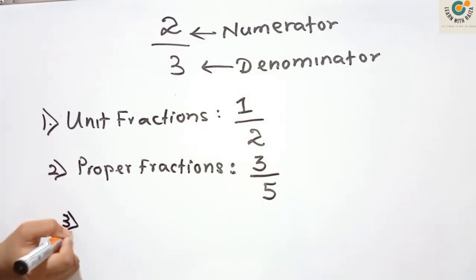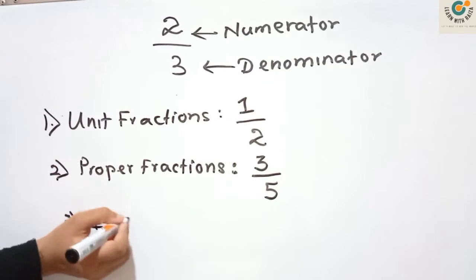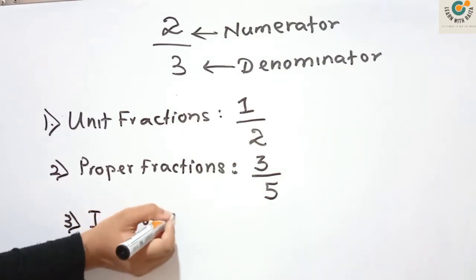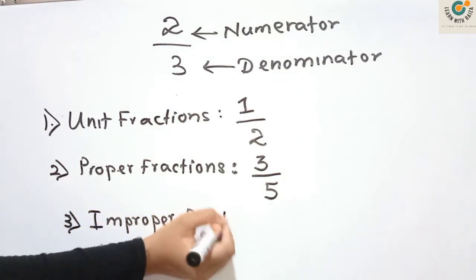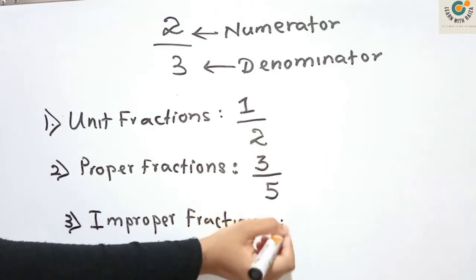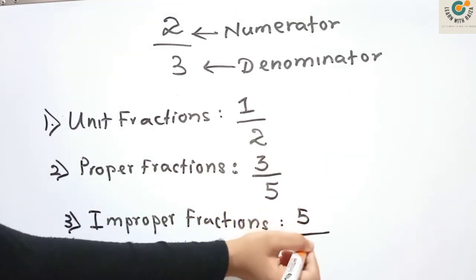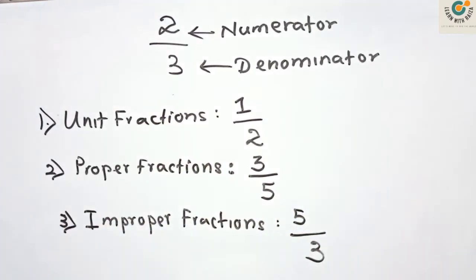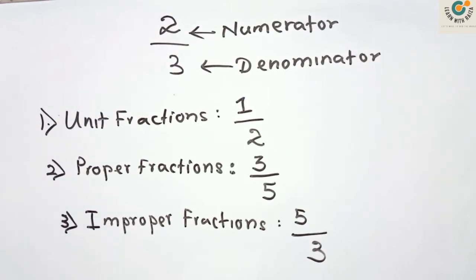The third type that you should know is the improper fraction. Remember, proper and improper are two different types. Improper fractions are fractions where the numerator is greater than the denominator. So when you find any fraction where the numerator is greater than the denominator, we call it an improper fraction.